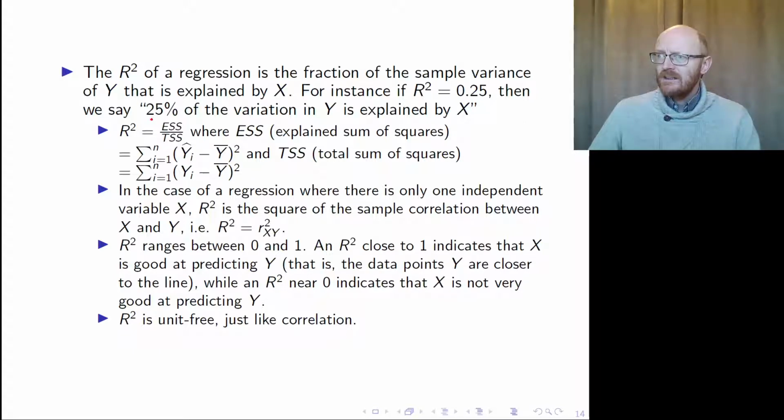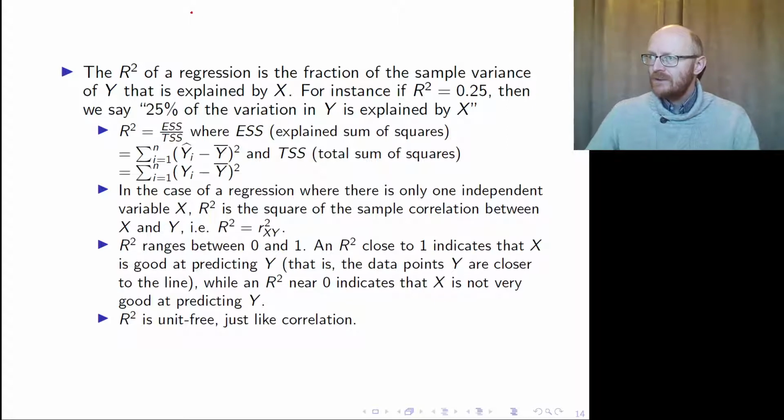So we say that 25% of the variation in y is explained by x. So how do you calculate the R-squared? It's actually the explained sum of squares divided by the total sum of squares.